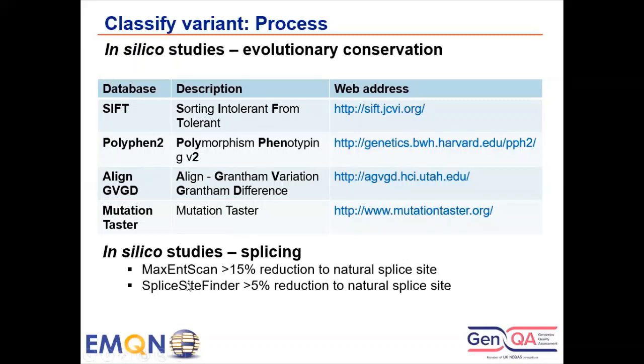It's MaxEnt and SpliceSiteFinder. If there is a more than 15% reduction to the natural splice site for MaxEnt, or more than 5% reduction for SpliceSiteFinder, this is an argument to further evaluate the variant at the cDNA level for classification, because then there is quite a big chance that it will lead to aberrant splicing.